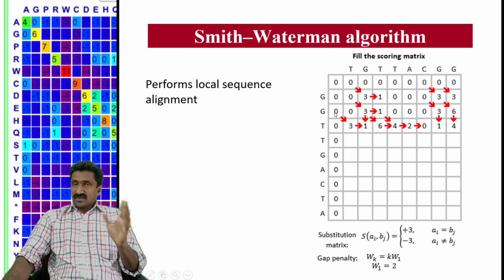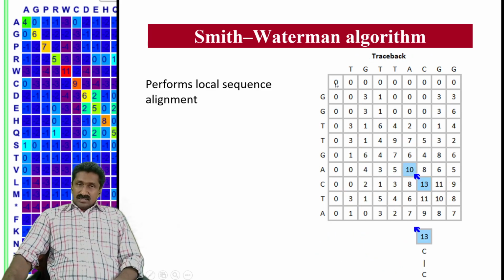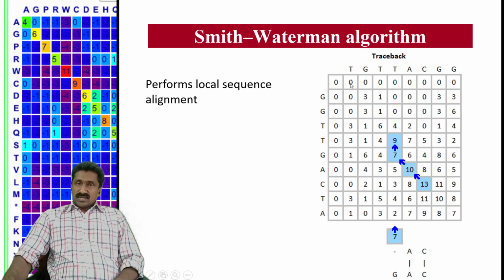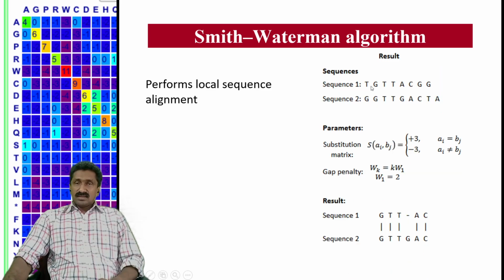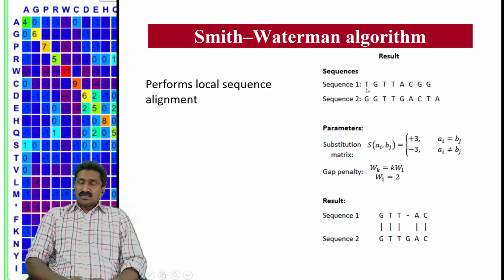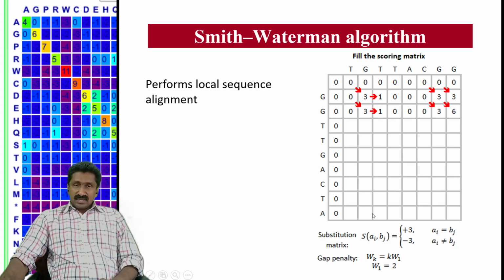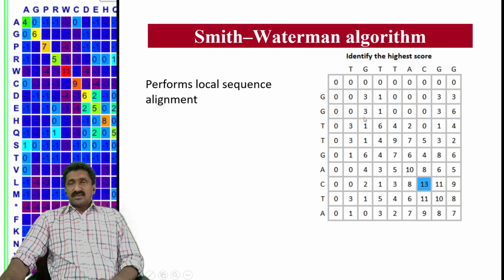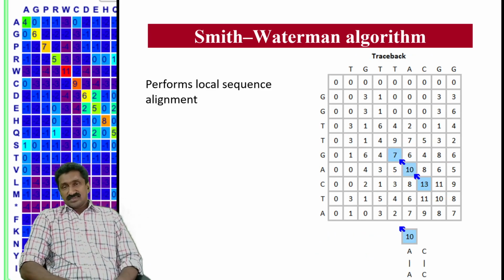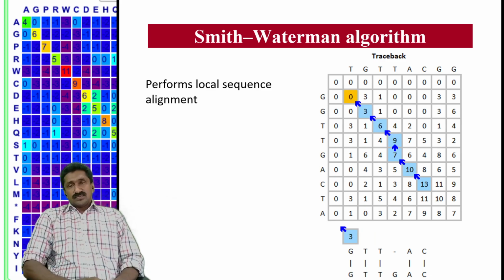In the Needleman-Wunsch algorithm, we give negative values like -2, -4, -6, etc. But in this case, the first row and column will be assigned the value 0. And during the calculation, there are no negative values in the cells. If there is a negative value, 0 will be assigned. So the lowest possible value in the Smith-Waterman algorithm is 0.